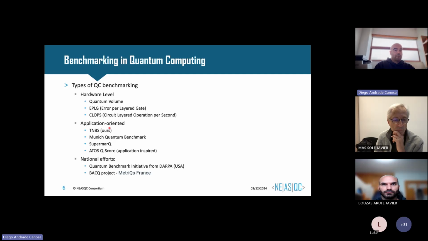Beyond ours, you can find in this category Munich Quantum Benchmark, Supermarq, or Atos Q-score. And also, I would like to finish this slide talking about the national efforts, because benchmarking of quantum computers is becoming so important that even states are promoting their own national initiatives, like the DARPA initiative from the USA or the BACQ project from France.